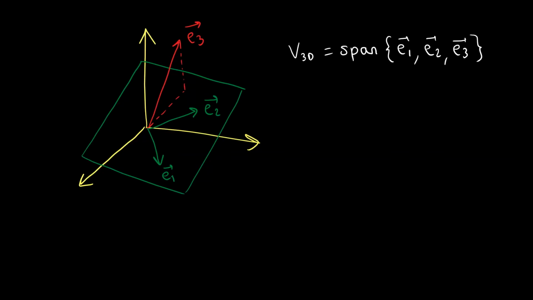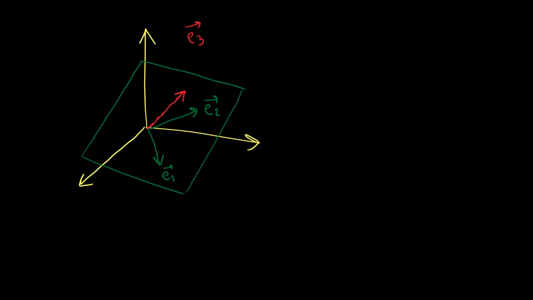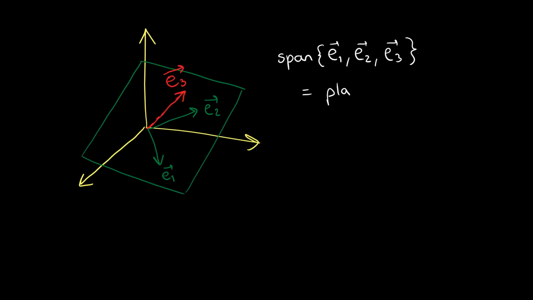This happens because E1, E2, and E3 are linearly independent, a concept which I will soon formally define. But what if the third vector E3 is not pointing outside of the plane? Then any linear combination of E1, E2, and E3 will only allow us to travel across the plane, but not out of it.